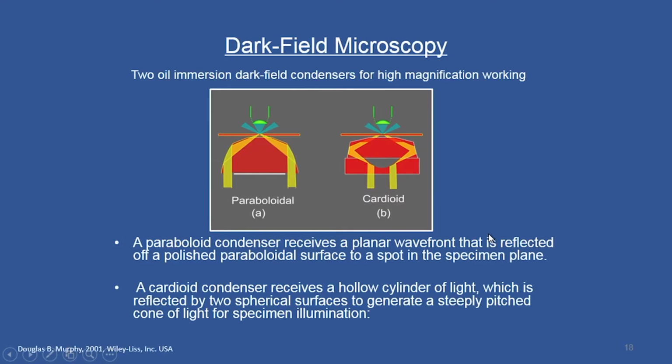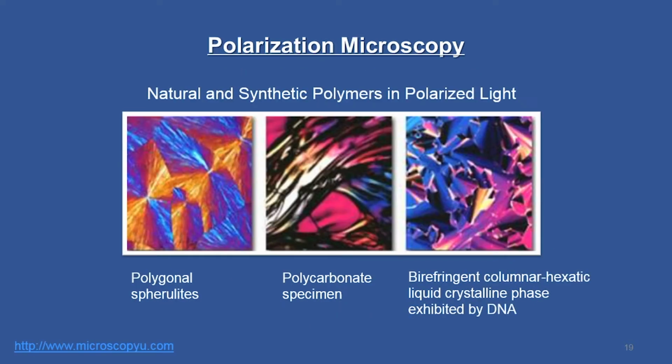So, you can have two kinds of oil immersion dark field condenser for this optical setup. They are very simple in nature, and you know the principle of oil immersion objectives. Already we have seen that, so I will skip.